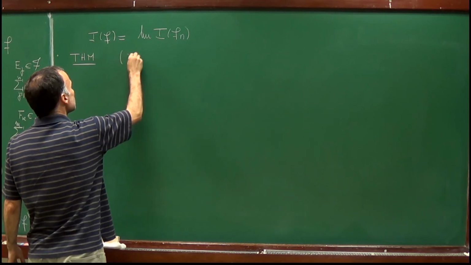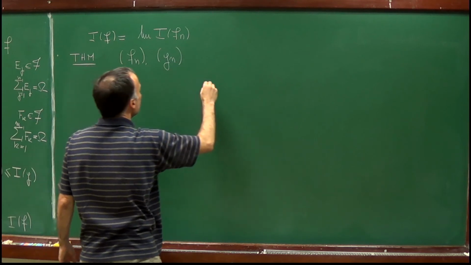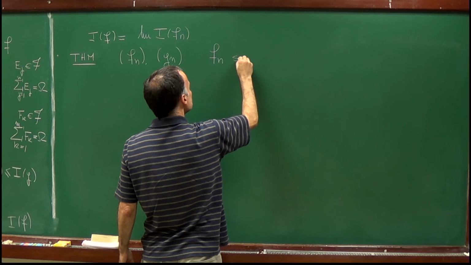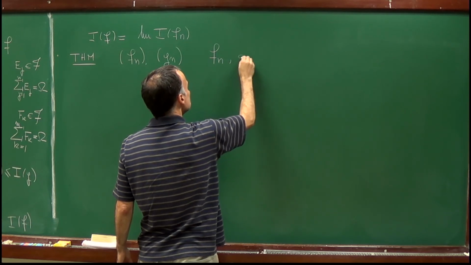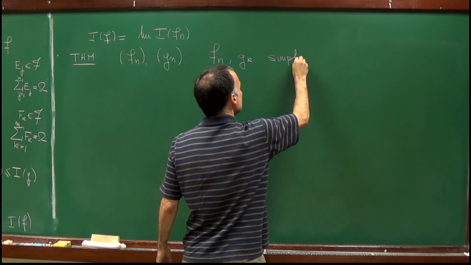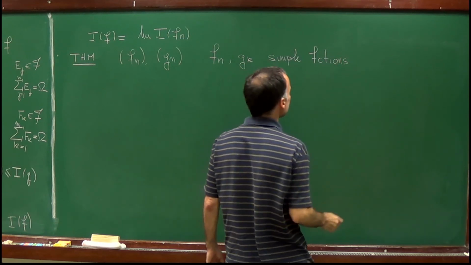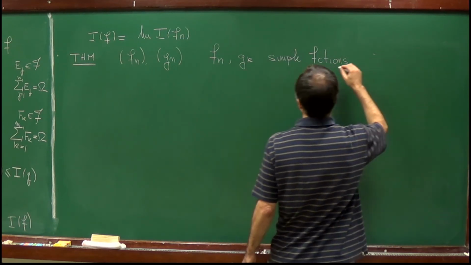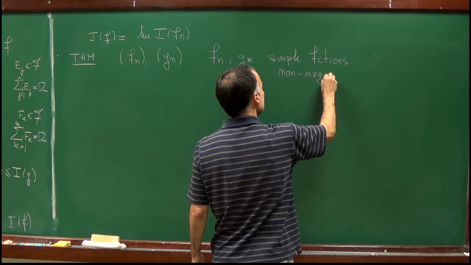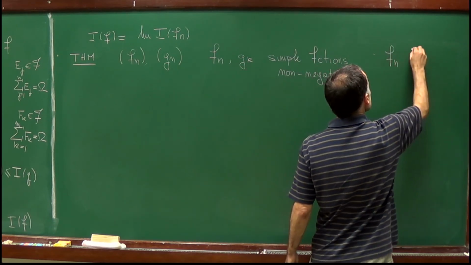So let's consider two sequences, fn and gn. fn is a simple function, as well as gn. They are non-negative. They are monotone, so both increase to f.